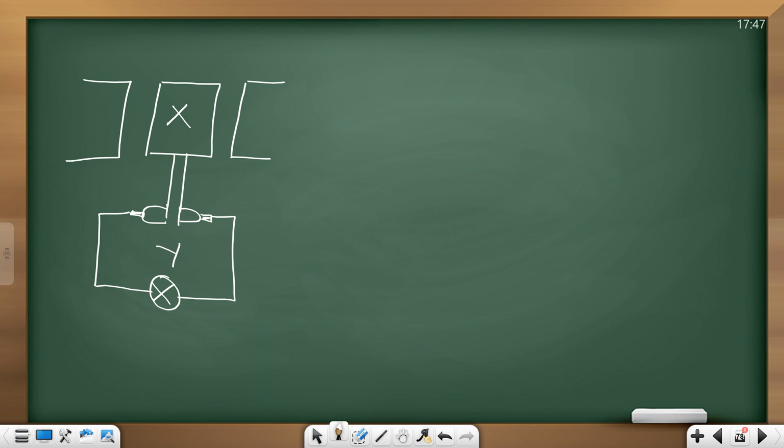I'm saying what type of current do we have in X in the coil, and what type of current do we have in Y in the external circuit?